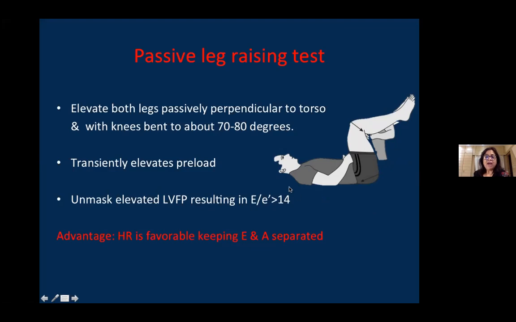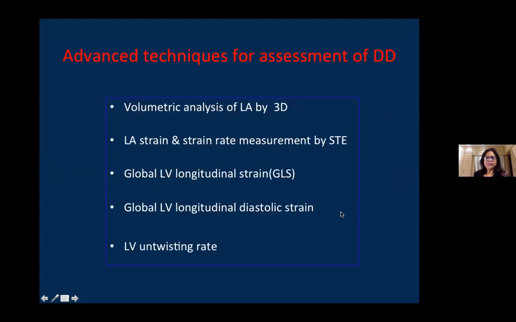Moreover, you have an advantage that heart rate is favorable when you do the passive leg raising, because the patient doesn't do any exercise. So there is no tachycardia and there is no chance of fusion of E and A wave. They remain separated. So you enjoy the advantage of normal heart rate.